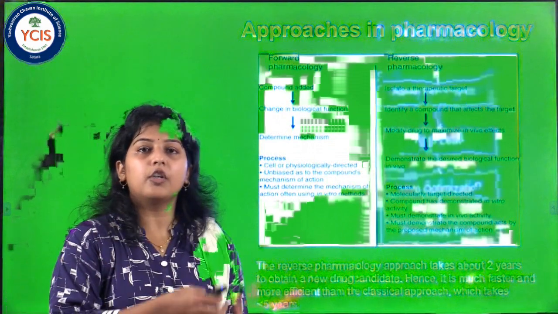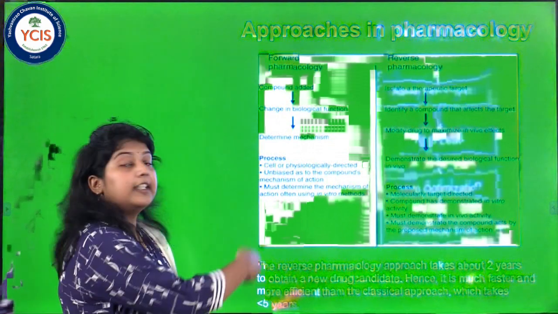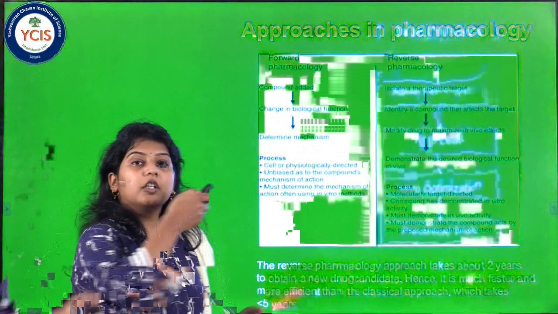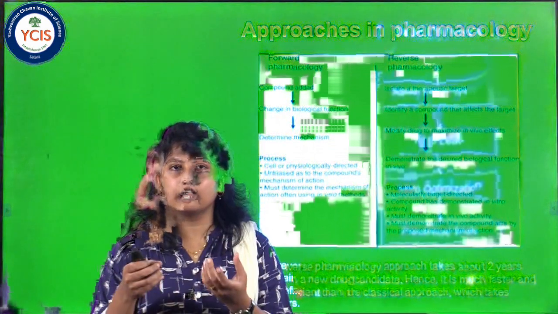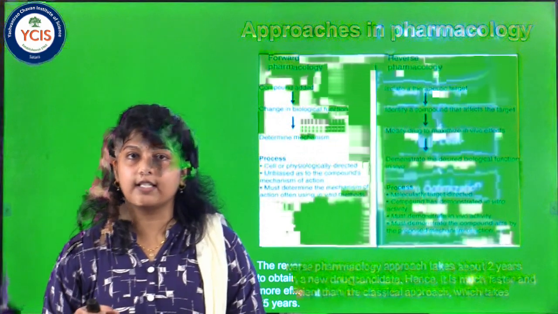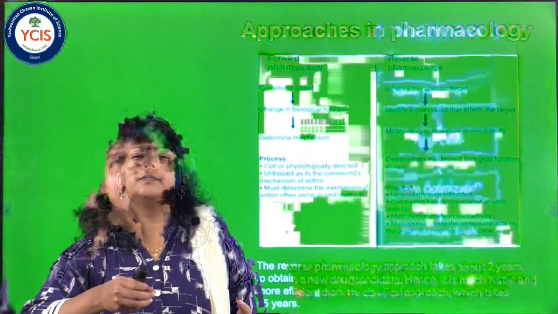In reverse pharmacology, the target comes first. That means you discover the target that is involved in the disease-causing process. Then you find what is binding to your receptor, found in stored databases of compounds and proteins, like the protein database or ZINC.